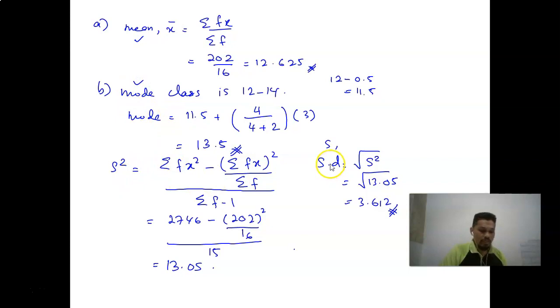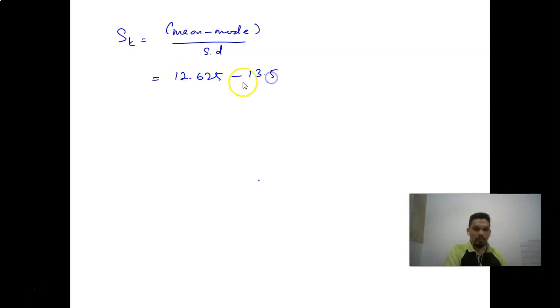So mean, mode and standard deviation are equal to the formula of mean minus mode divided by standard deviation. Okay, so the mean here is 12.625 minus mode 13.5 divided by 3.612 equal to negative 0.242.